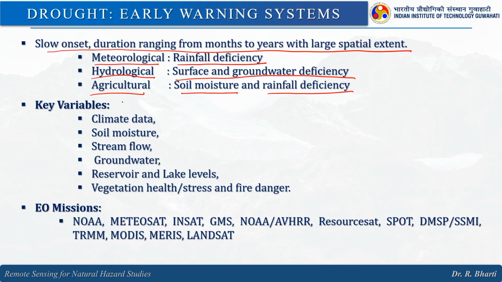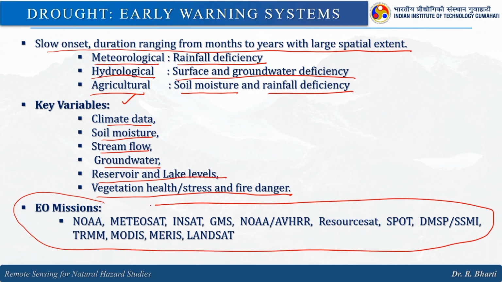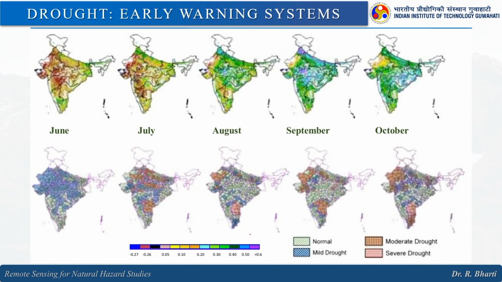The key variables are climate data, soil moisture, stream flow, groundwater, reservoir and lake levels, vegetation health and stress, and fire danger. There are many earth observation missions which have been launched, and their data sets can be used in drought analysis. Slowly we will learn about this. Here you can see one example of satellite image utilization in drought analysis.